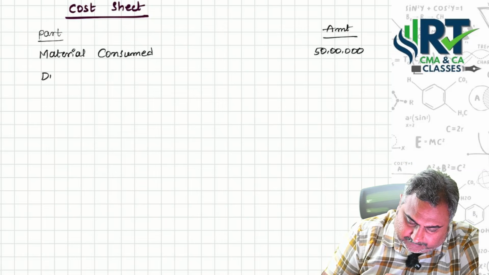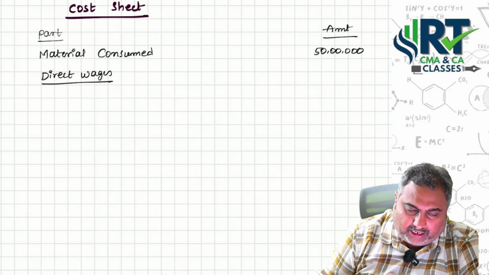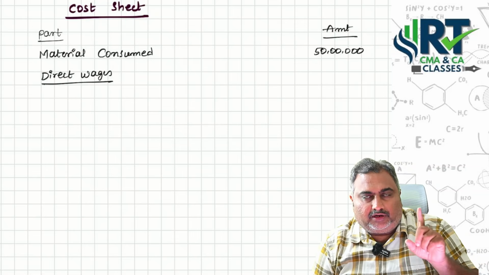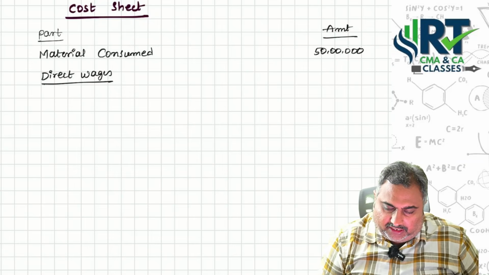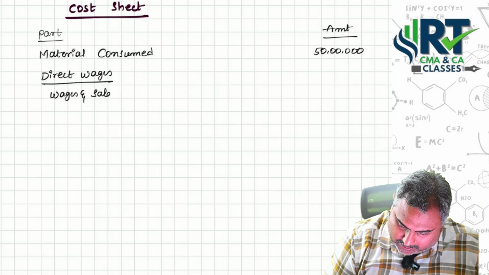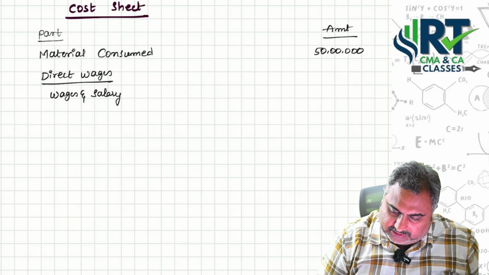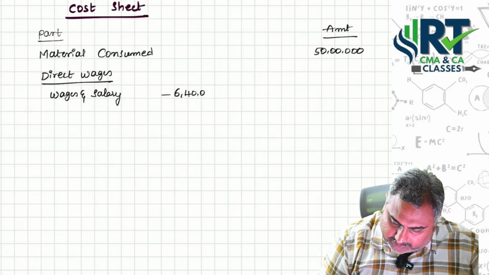Direct wages. Under that, you have two expenses with us. One is wages and salary. The second one comes under gratuity and leave encashment. Wages and salary is 6 crore 40 lakhs.